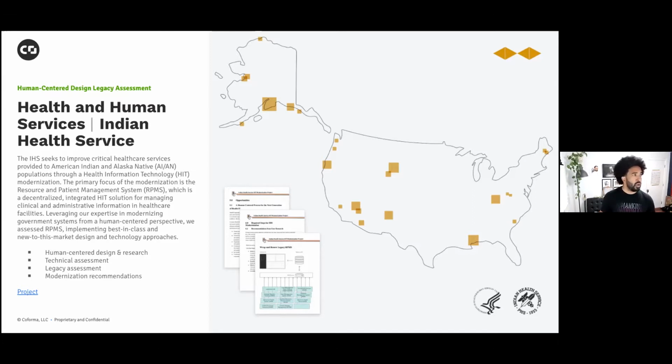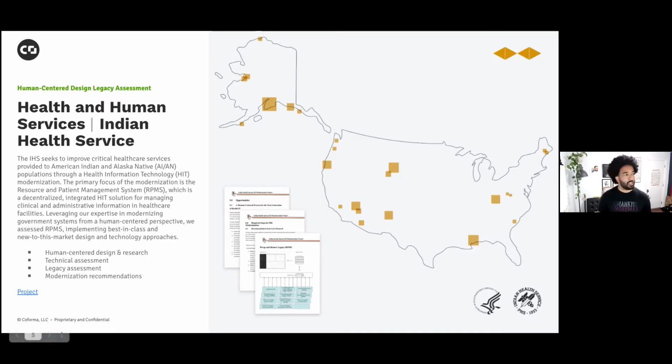It is one of the most well-known and established open source electronic health record systems in use by the federal government or any large institution. The Indian Health Service utilizes RPMS to provide healthcare to over 2.2 million American Indians and Alaskan Natives.